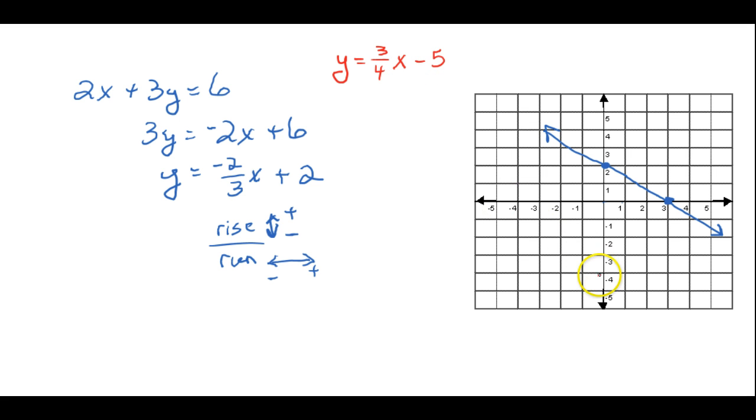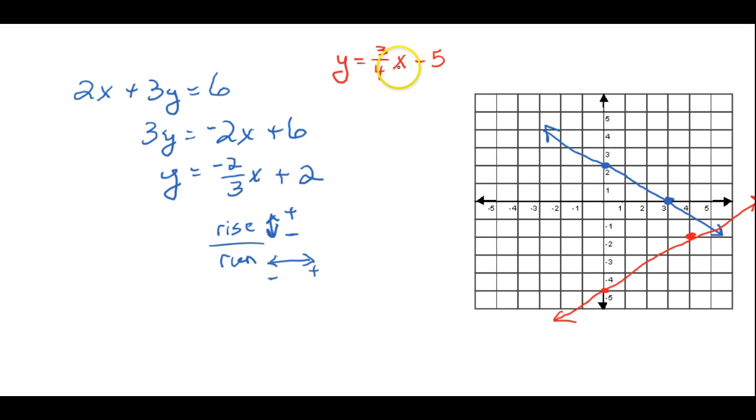So this one would have a y-intercept of -5, and we have a +3 over 4 slope, so that means we would go up 3, 1, 2, 3, over 4, 1, 2, 3, 4, and there would be the other point. Notice that it's not necessarily on the x-axis. Then let me see if I can draw this line. Oh, I'm getting better. And there's that red line from that equation.